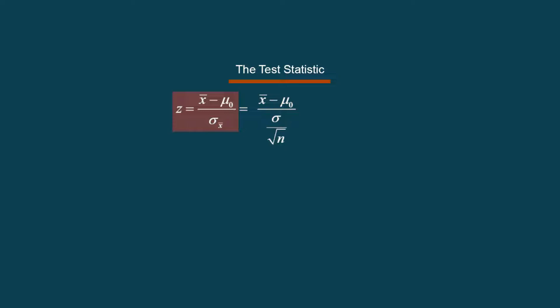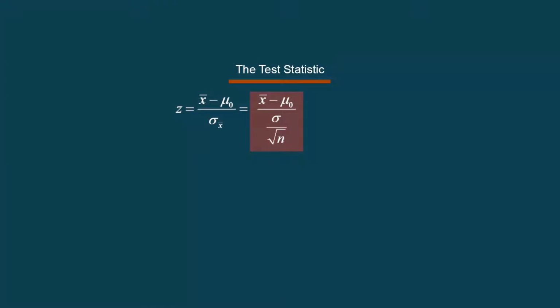This sigma x bar is related to the population standard deviation, which is considered to be known or unknown. Sigma x bar is actually the standard deviation of the sample mean. So if we look at the next step, we observe x bar minus mu0 in the numerator, but in the denominator we have sigma by root n.